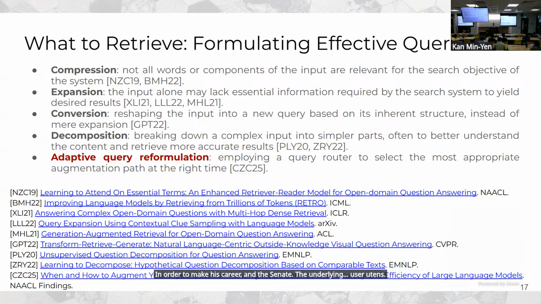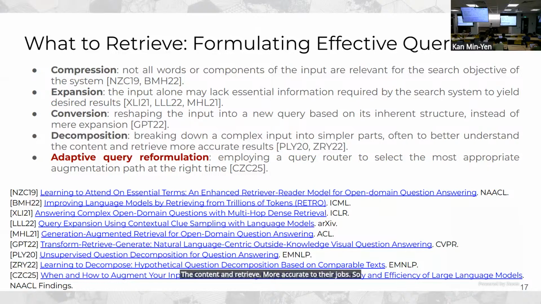For query conversion, it means sometimes we have to reshape the input into a new query in order to make it clearer. For query decomposition, it means sometimes we have to break down a complex input into a number of simpler parts in order to better understand the content and retrieve more accurate results.